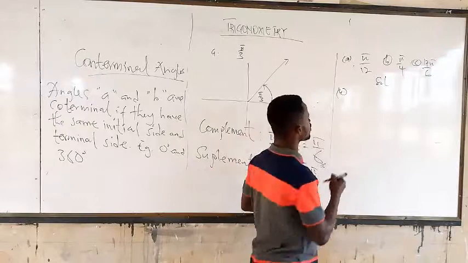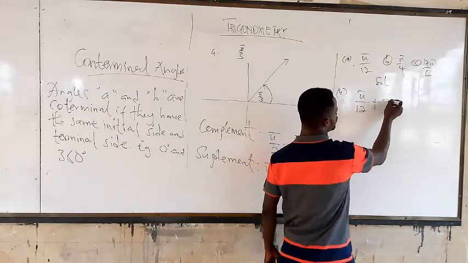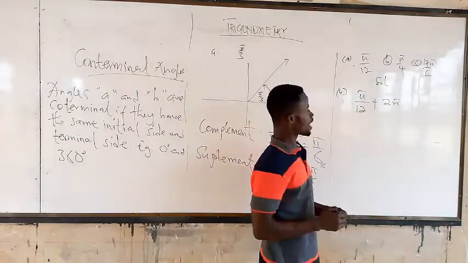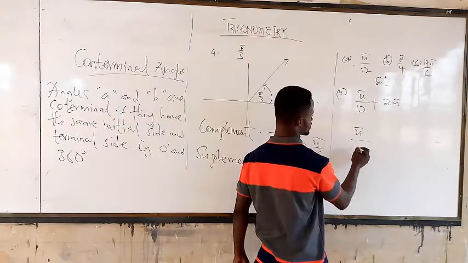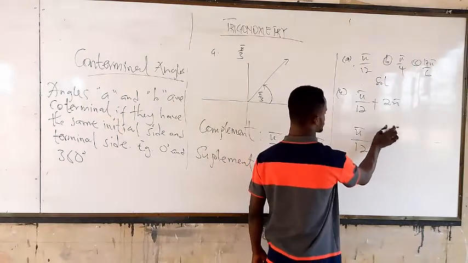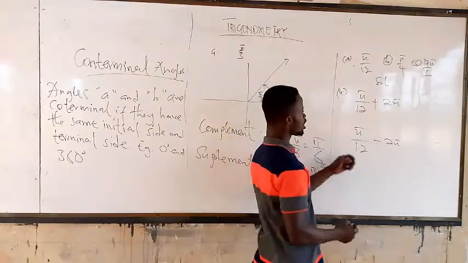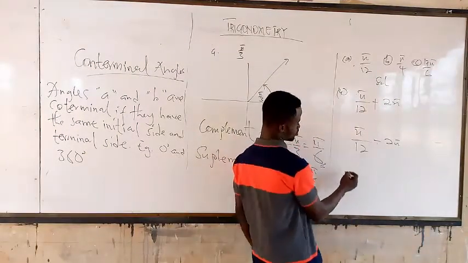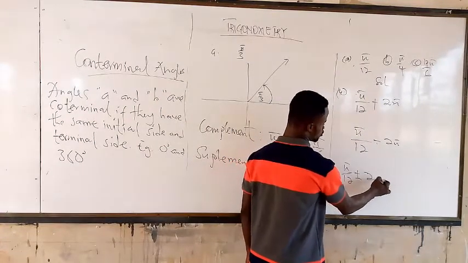Sorry, first of all, it is pi over 12 plus or minus 2 pi.